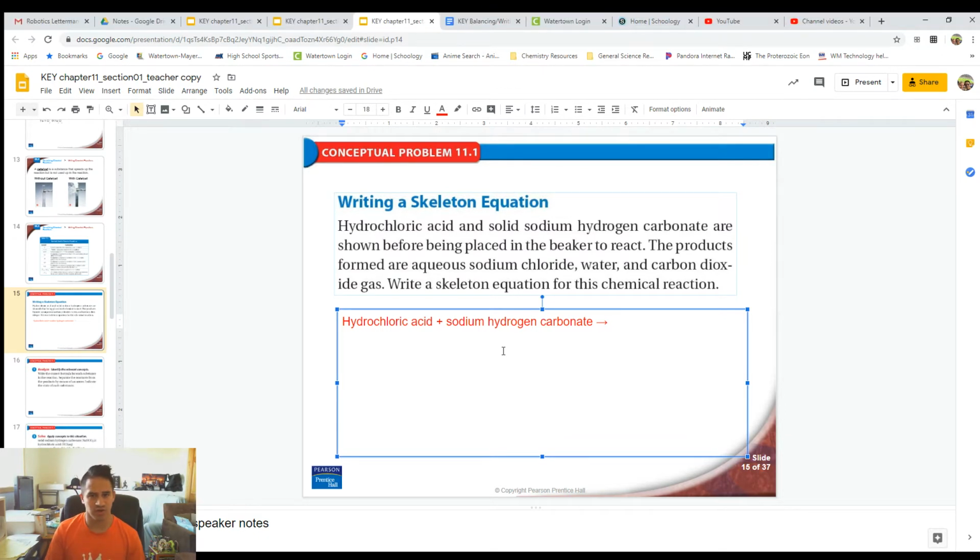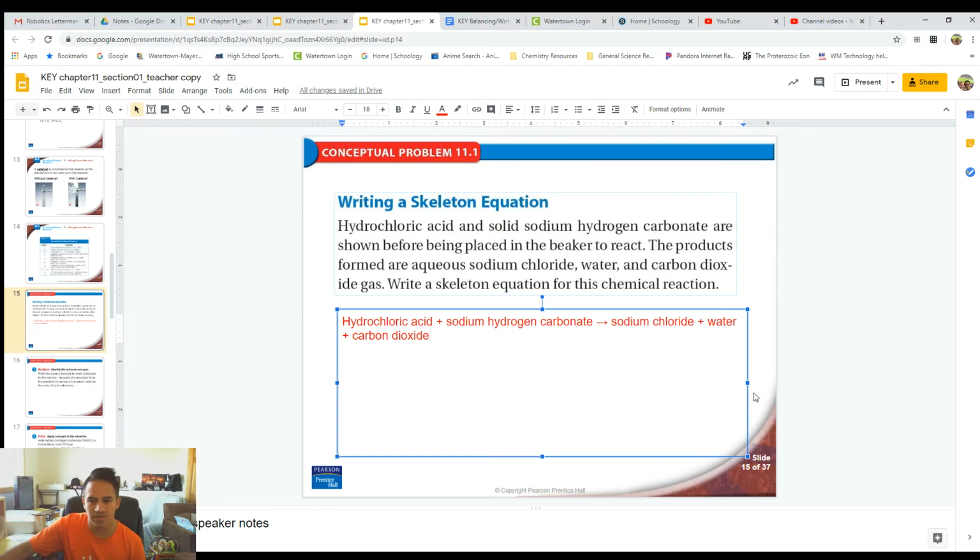Aqueous means it's dissolved in water, but we don't need to include that because it's not part of the chemical name. It's just the physical state. So sodium chloride, water, and carbon dioxide gas. Again, it's a gas. We don't need to include that in its name.